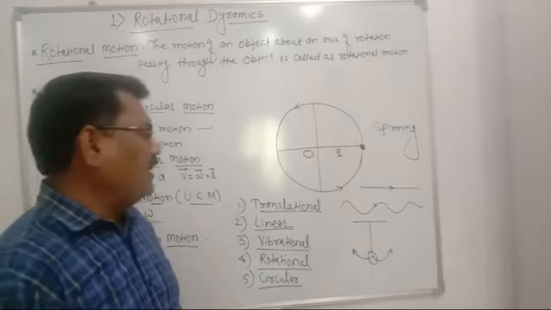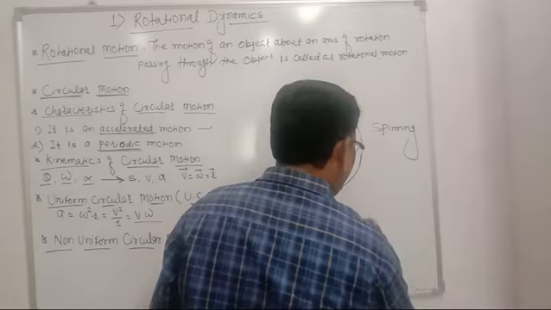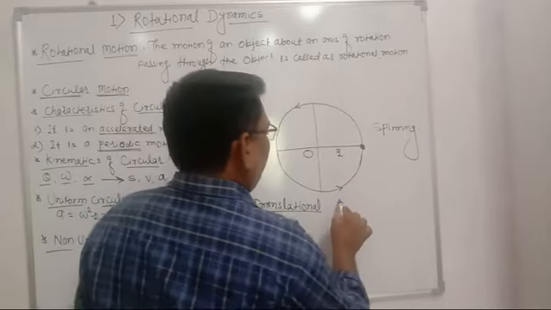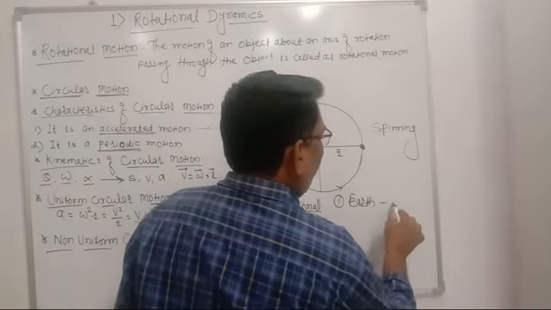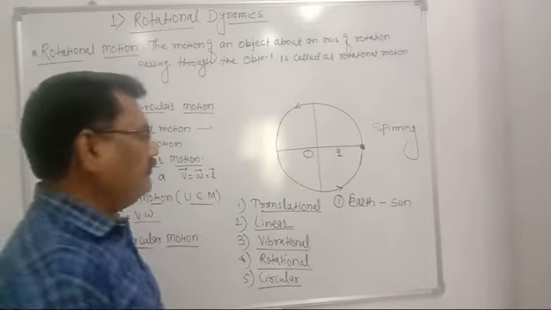There are so many examples of circular motion. Number one, the motion of the earth around the sun is nearly circular.